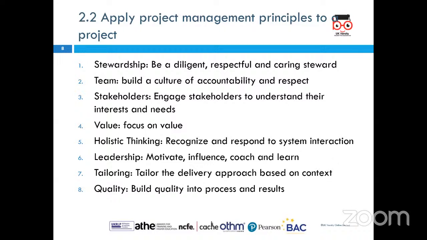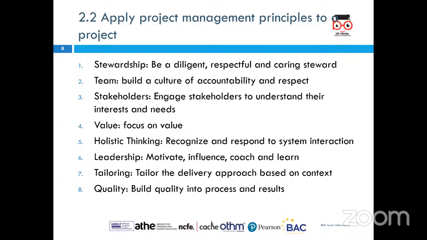As mentioned before, we have stakeholders, where we have to engage stakeholders to understand their interests and needs. Values, where we focus on the values of the company and stakeholders. Holistic thinking, where we recognize and respond to system interaction.